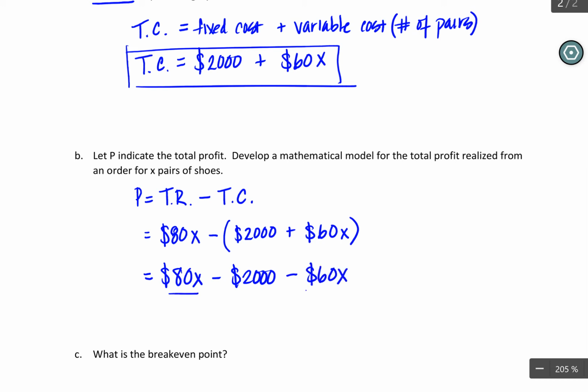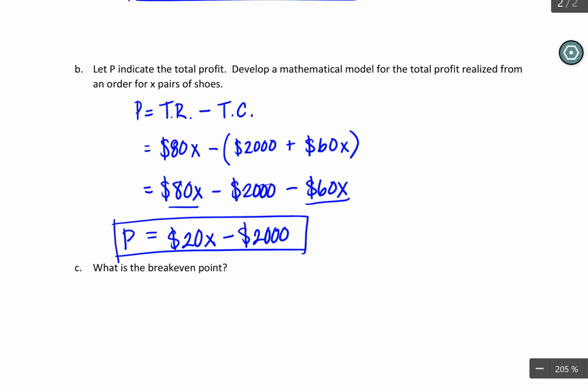Now we can combine like terms, so 80x minus 60x, and we have that our profit equals $20 times the number of pairs of shoes we sell minus our $2,000 fixed cost.